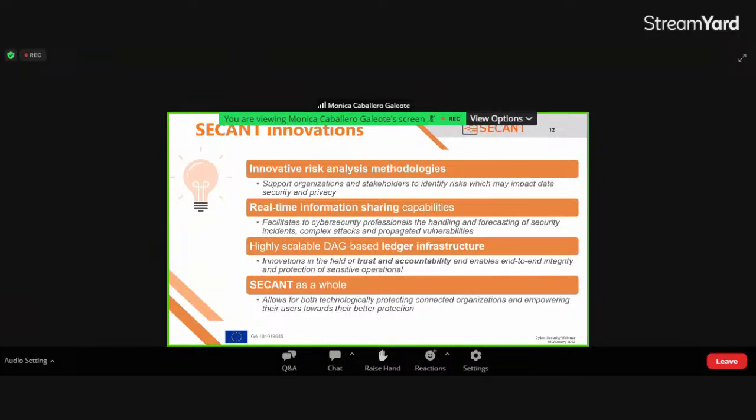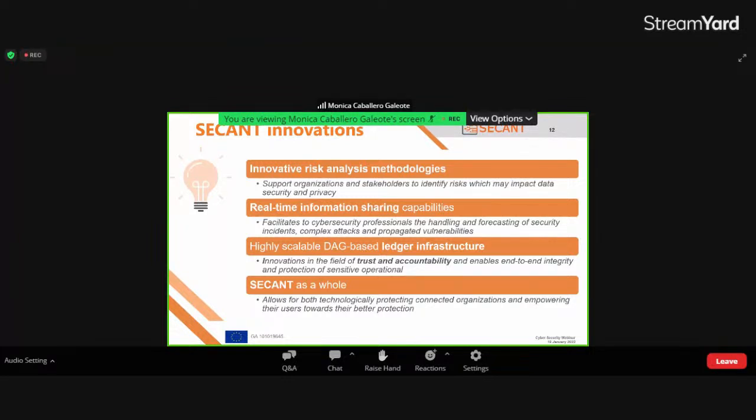So up to now, we are in month 16 of the project, if I'm not wrong. We have already identified the end user requirements and the technical requirements. We have also completed a first version of the architecture of the platform, and we are now developing the first version of the different models.